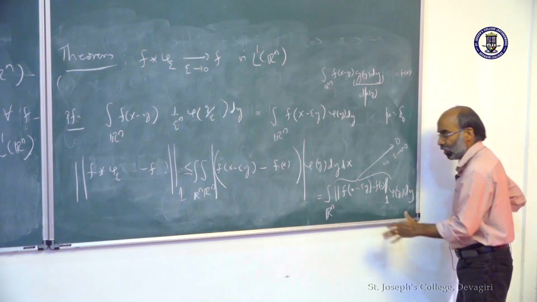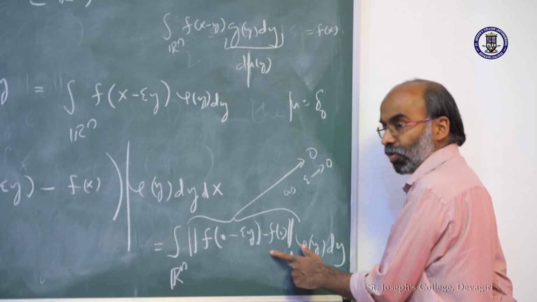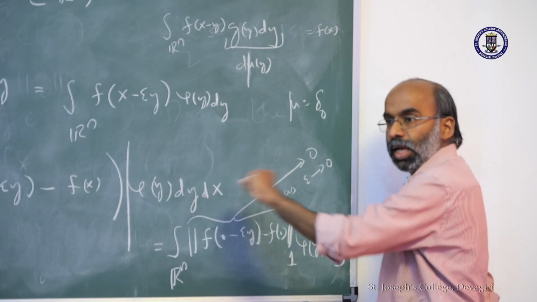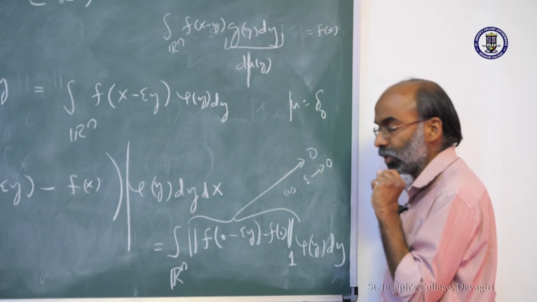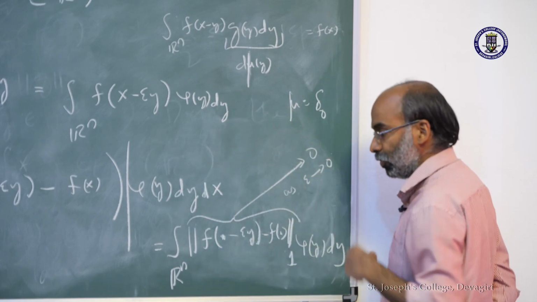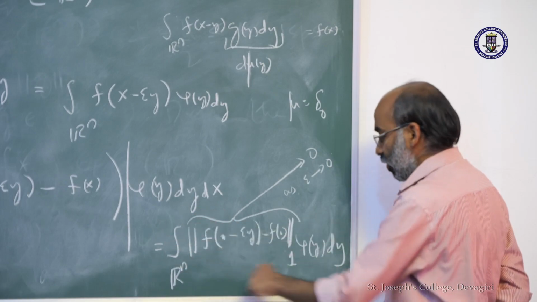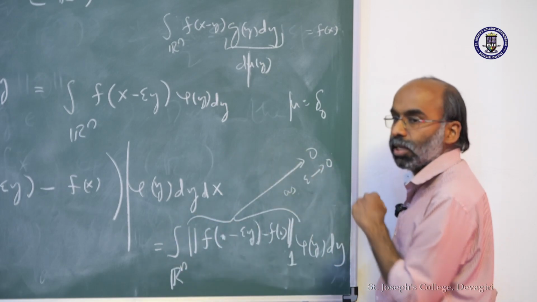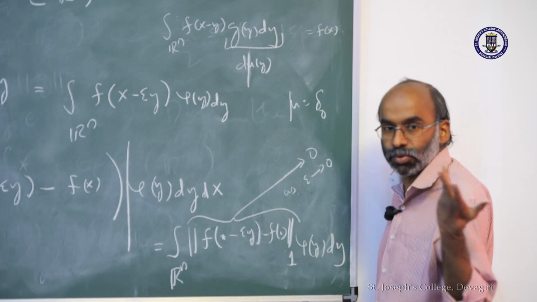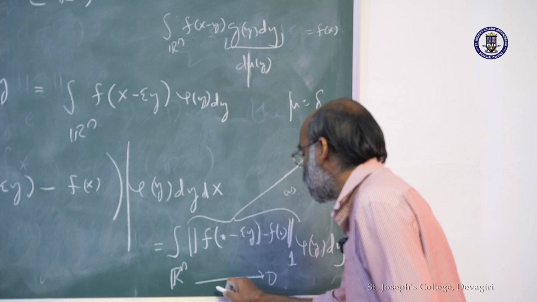You are familiar with that: the L1 norm of f of x plus h minus f of x will go to 0 as h goes to 0. Translation is continuous in L1. So, this goes to 0 pointwise, it is bounded by 2 times the L1 norm of f, and I have an integral with respect to phi, which is integrable. So, by DCT the whole thing goes to 0.